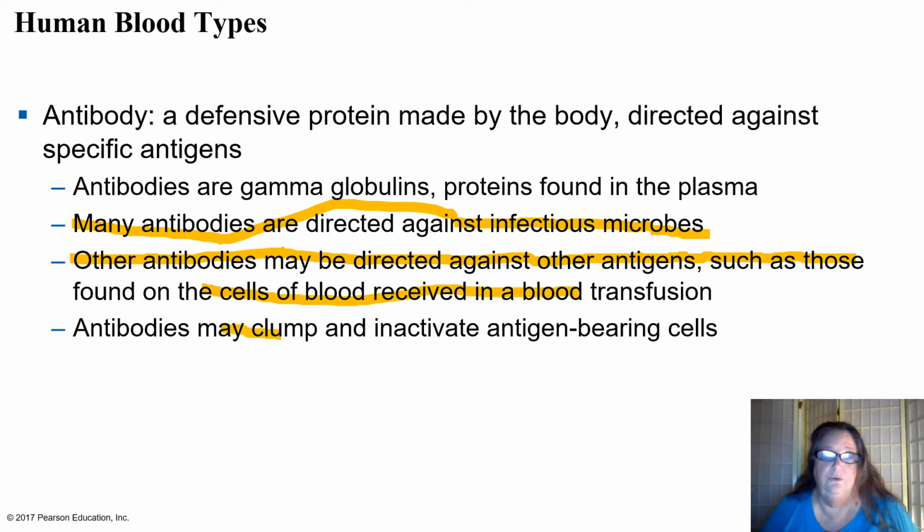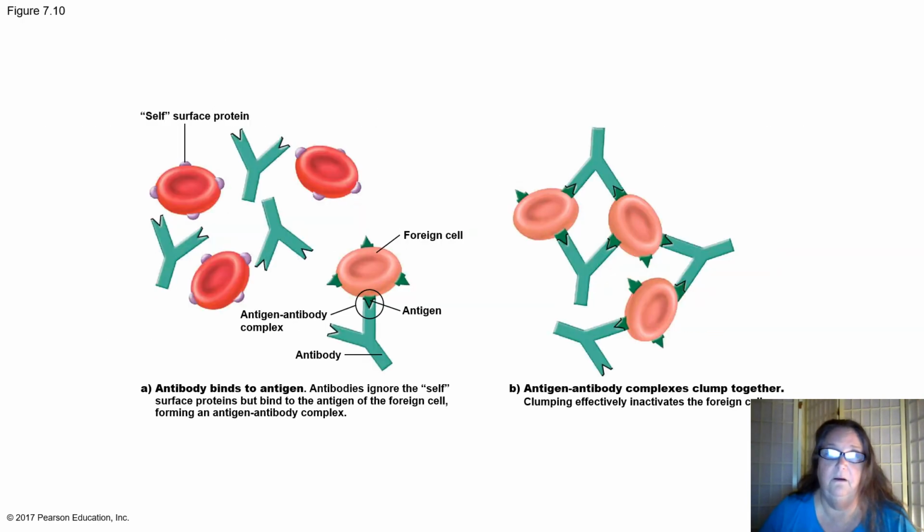They are going to clump and inactivate the antigen-bearing cells. We do not want a bunch of clumped up red blood cells going through somebody's capillaries, because it's going to make a raft and it's going to be too big to get through the capillaries. We don't want it. It'll kill them. All right.